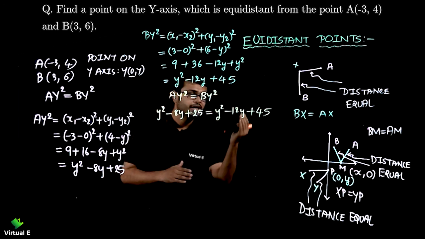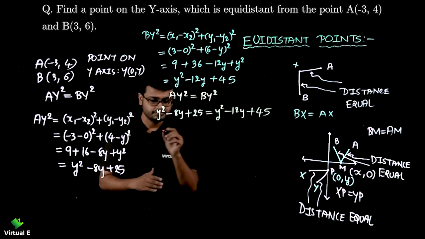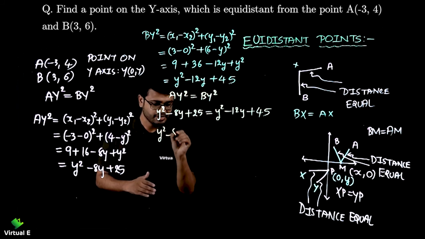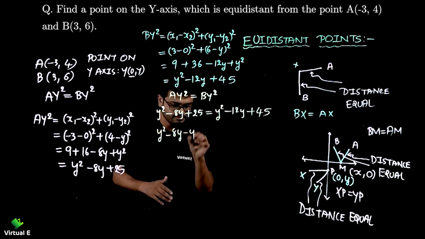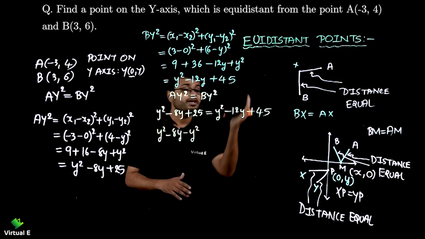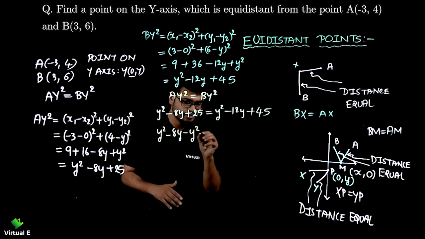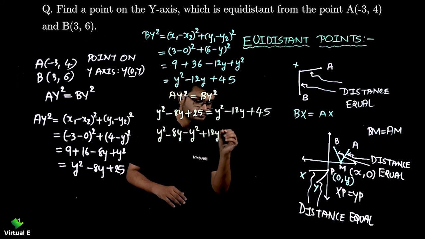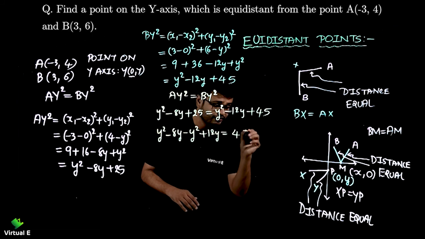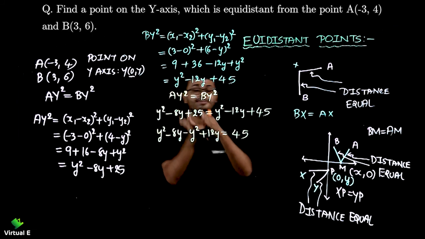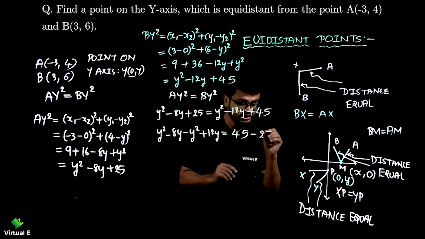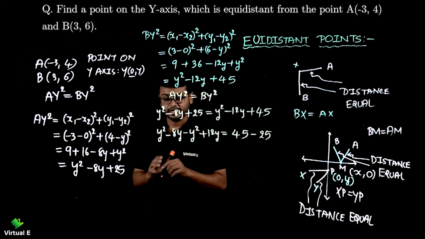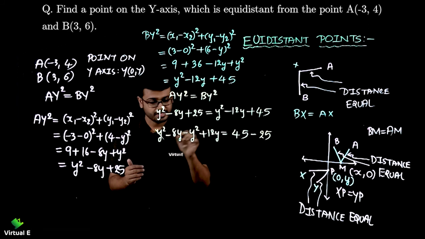So let's shift y square, let's shift minus 12y. So y square as it is, minus 8y as it is. Y square if I shift, it will become minus y square. Minus 12y if I shift, it will become plus 12y, is equal to 45 as it is. And 25 if I shift to the other side, it will become negative, so minus 25. Let's simplify. Y square minus y square, okay, they're gone.